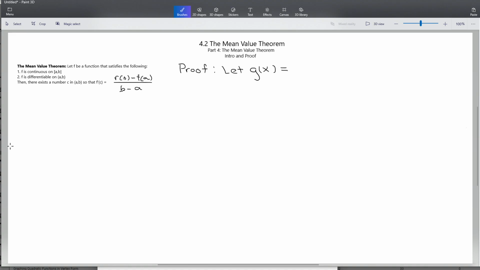And we're actually going to define it to be the tangent line. Oh, I'm sorry, the secant line. This is the slope of the secant line times x minus a, plus f of a. All right, so this is how we're going to define our function g of x.